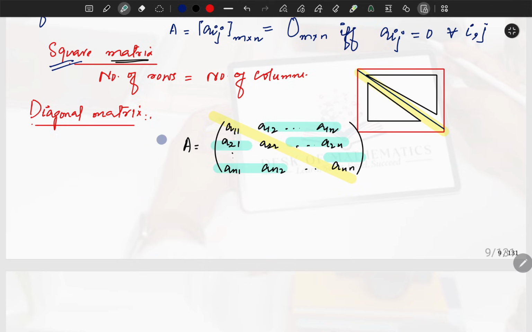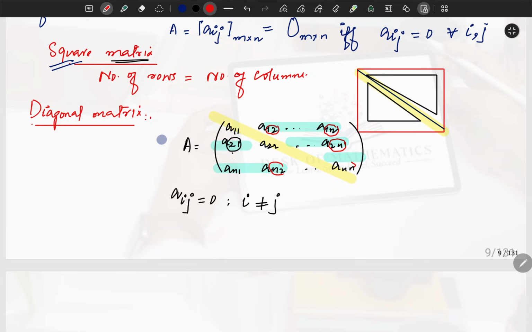So mathematically you can observe that a matrix is diagonal if Aij is equal to 0 when i is not equal to j. See, 2 and 1: 2 is not equal to 1, 1 is not equal to 2, 1 is not equal to n, 2 n.